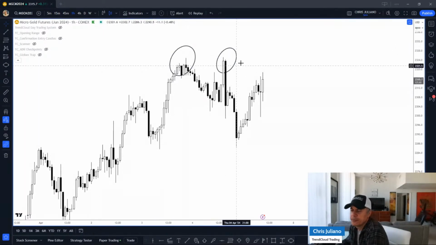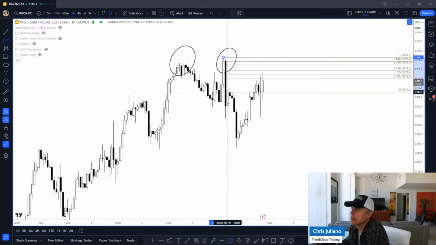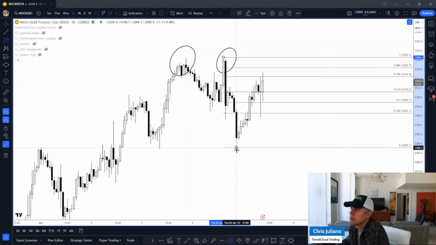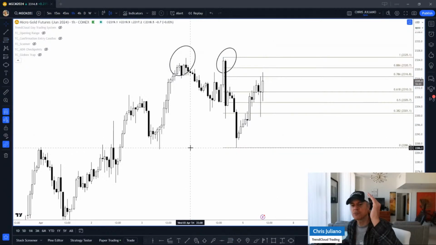When you identify a double top, take your fib retracement tool right here, click onto that, go over to that second top. If you want to make it exact, put that magnet on there. Swing high, swing low. You have to go from swing high to swing low, all right?